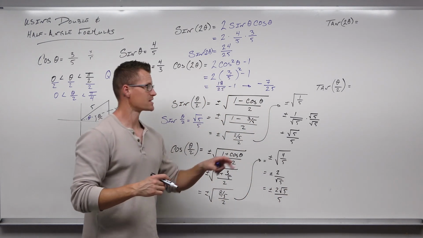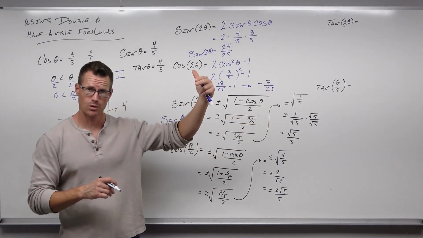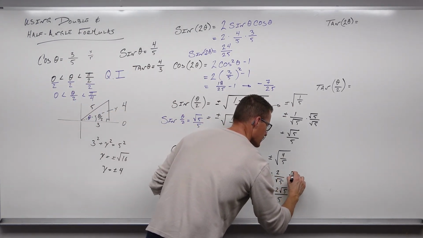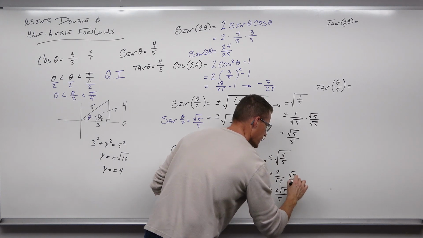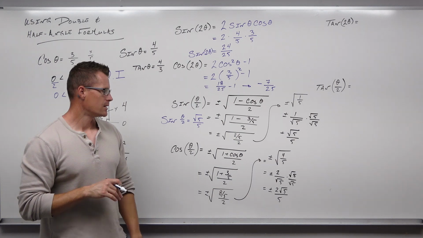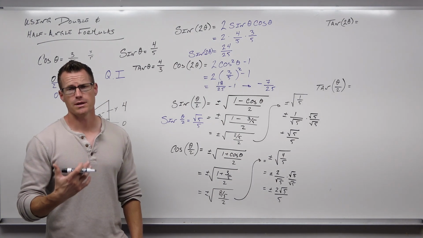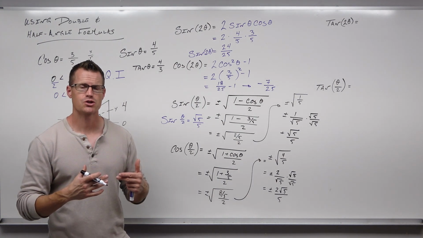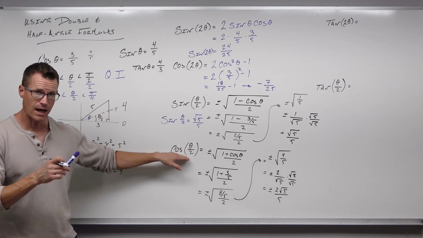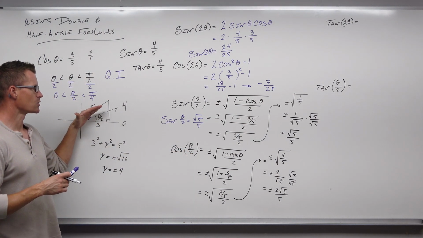And if we rationalize the same exact way, multiply by square root 5 over 5, we're going to get 2 square root 5 over 5, because the square root times itself gives you that radicand. Now, which one do we pick, the positive or the negative? From all of our discussion, we know that our angle, our theta over 2 here, is somewhere between 0 and pi over 4.